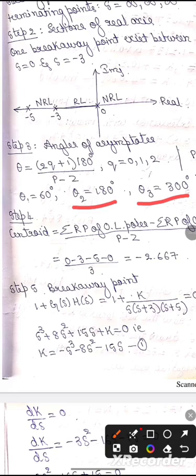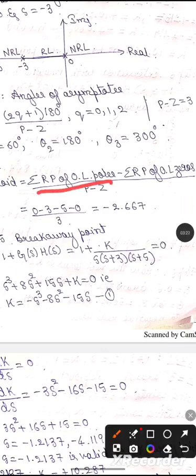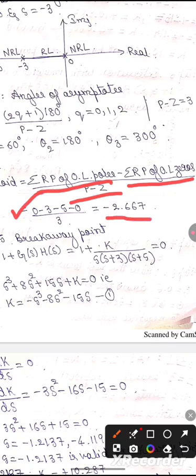Next is the centroid: summation of real parts of open loop poles minus summation of real parts of open loop zeros, divided by p minus z. So minus 3, minus 5, minus 0 divided by 3. You will get the centroid as minus 2.667.